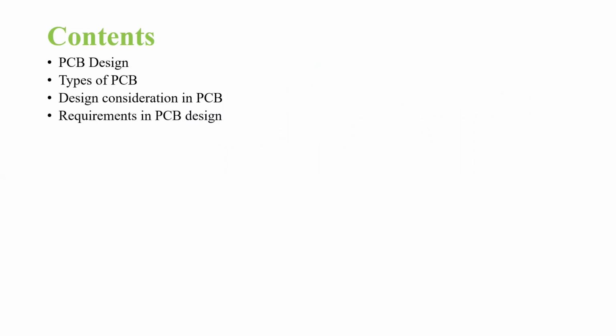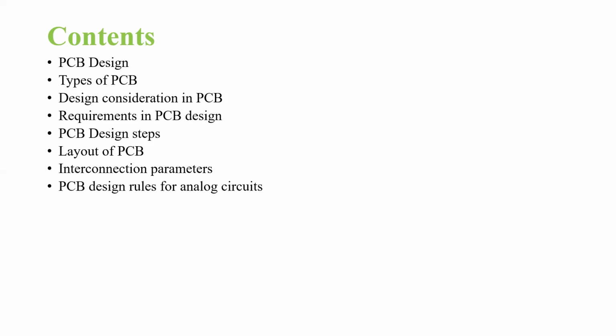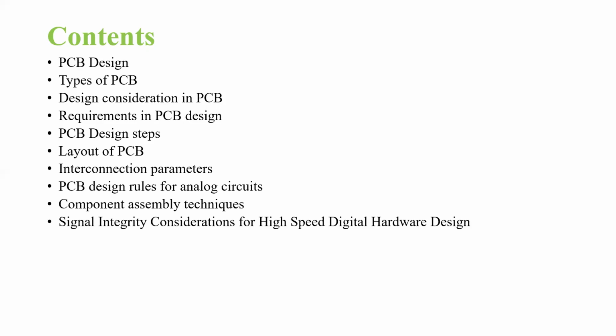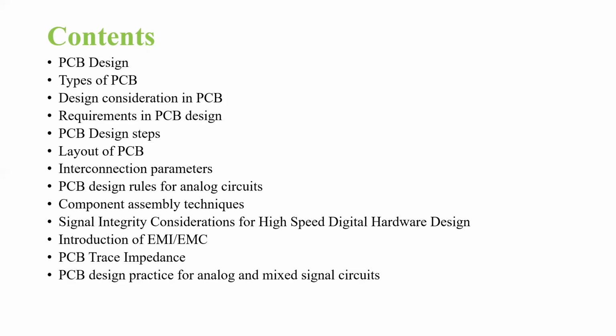Content under this lecture: we have to study PCB design, the types of PCB, design consideration in PCB, requirement in PCB design, then PCB design steps, layout of the PCB, interconnection parameters, PCB design rules for analog circuit, component assembly technique, then signal integrity consideration for high-speed digital hardware design, introduction of the EMI EMC, PCB trace impedance, PCB design practice for analog and mixed signal circuit.